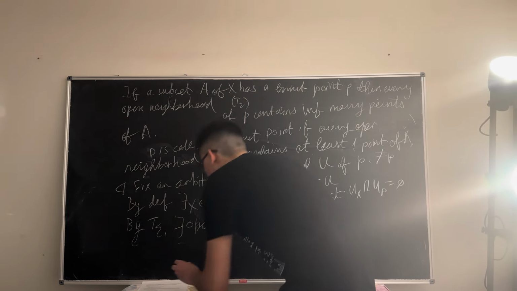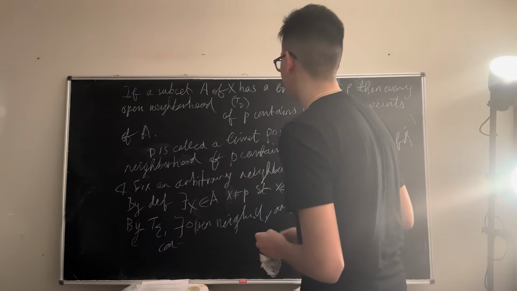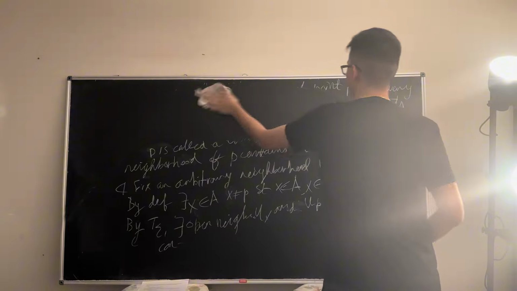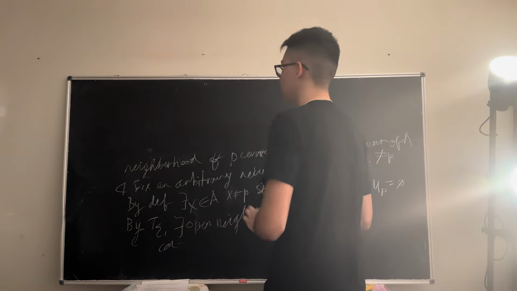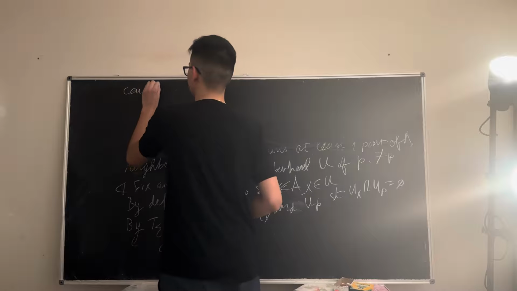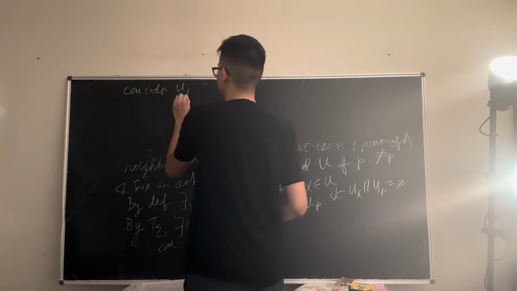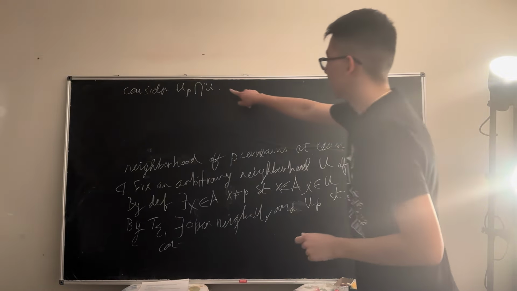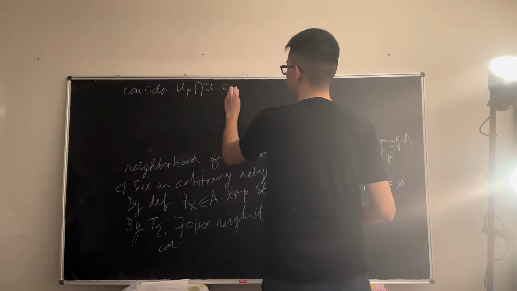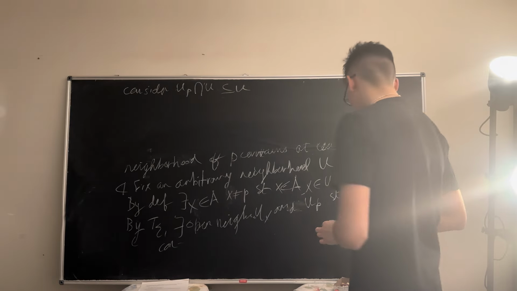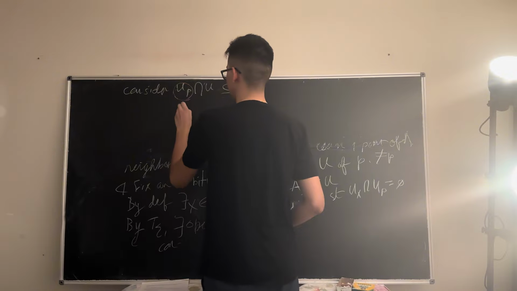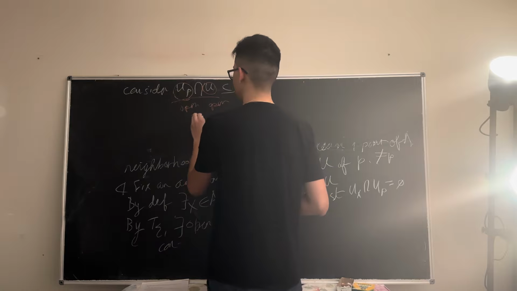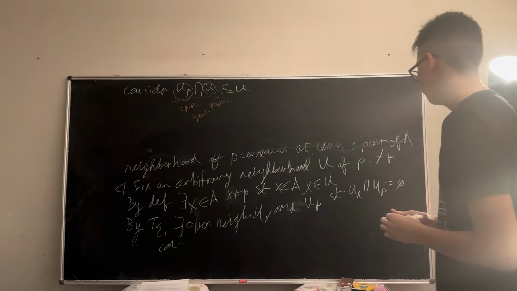Now, consider U_P intersect with U. This set is obviously a subset of U. This set is open, and U is open, which means this set is open, right?